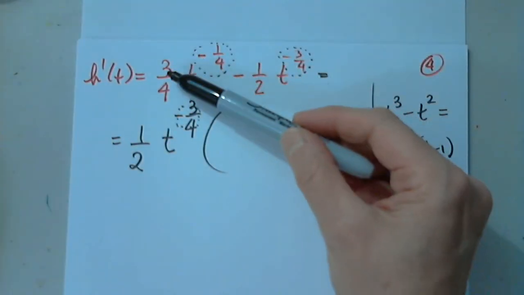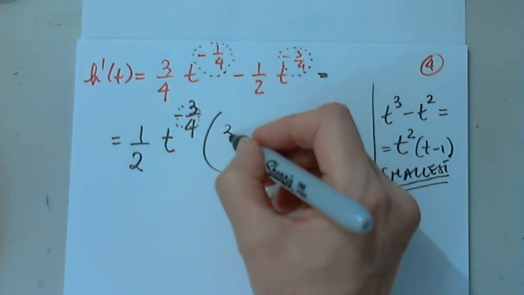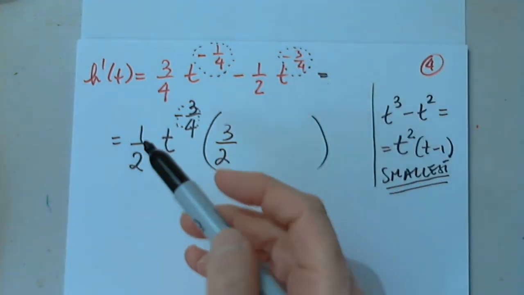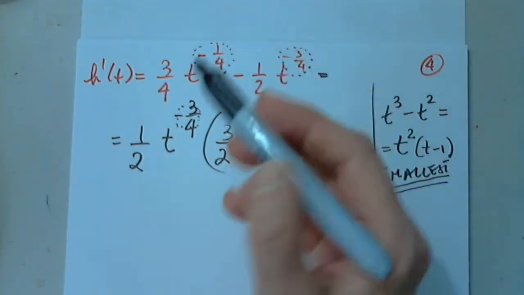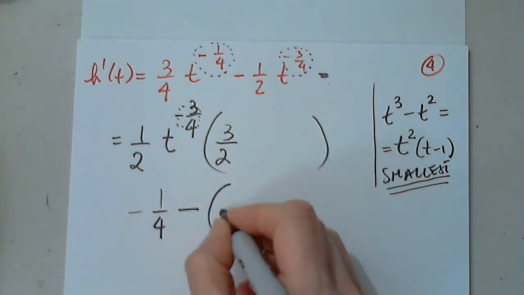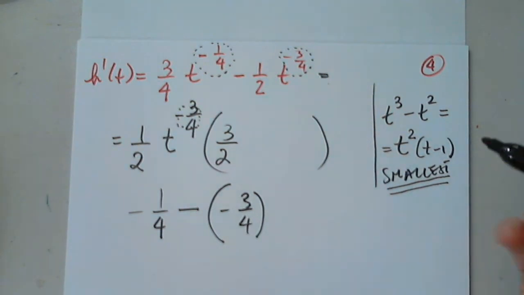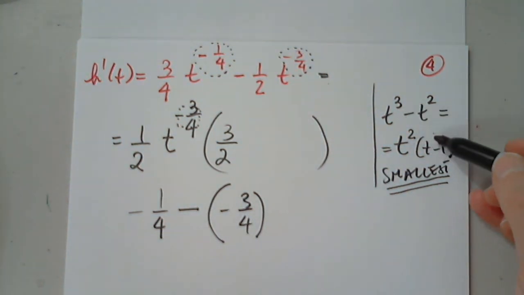Okay, so from 3/4, I have 1/2 in front, so there is a 3/2 in front, right? 1 times 3 is 3, 2 times 2 is 4. From power -1/4, I subtract power -3/4. That's what I did here. From power 3, I subtracted power 2 to get power 1.